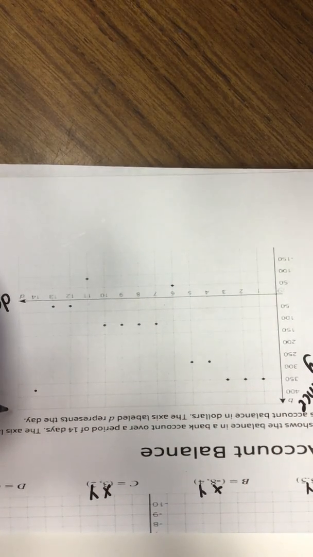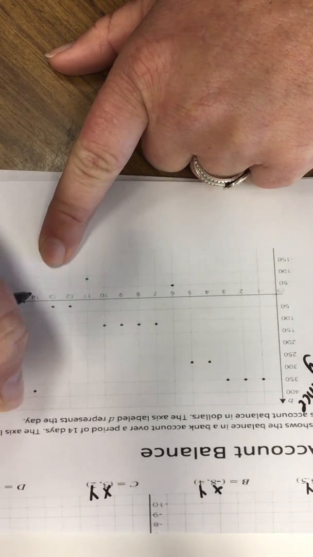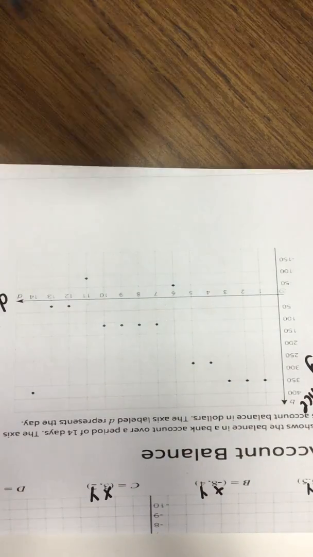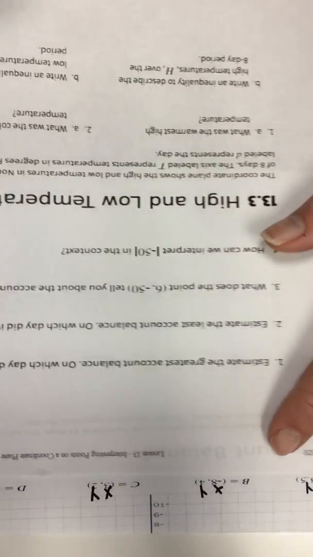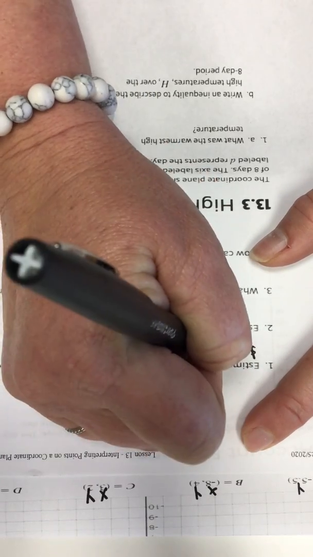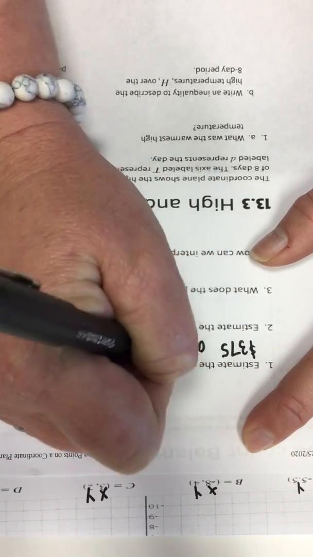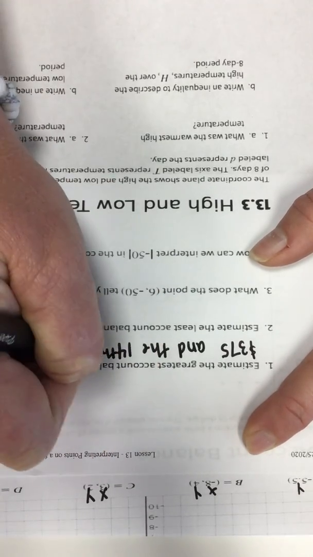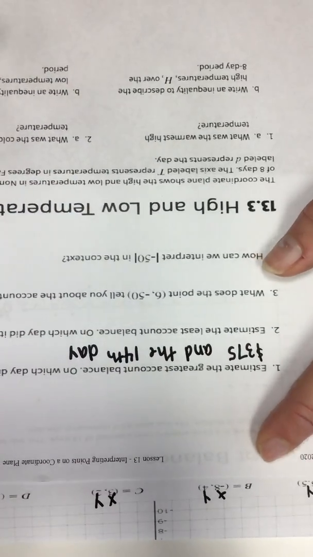Halfway in between that is 375. And then this falls on the 14th day. All right, so for number 1, we're going to write 375 and the 14th day.